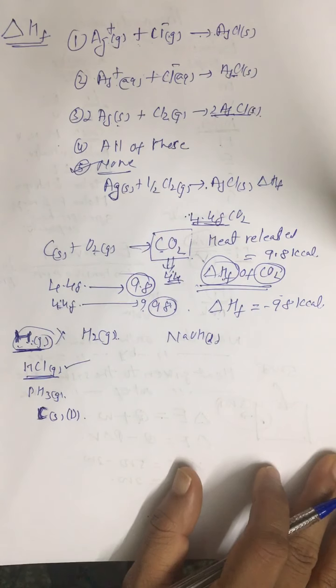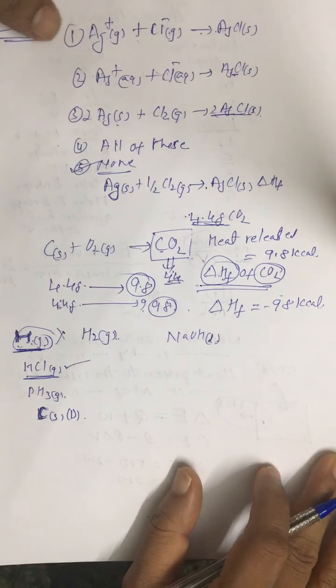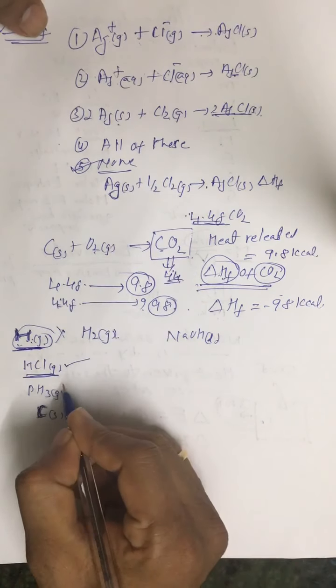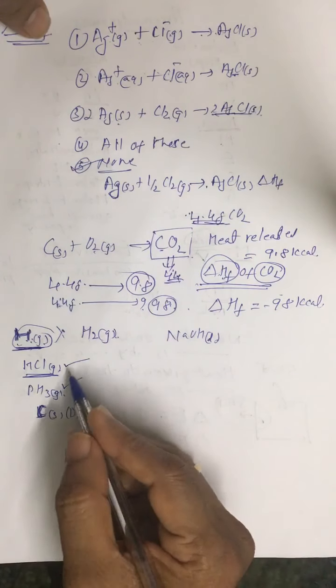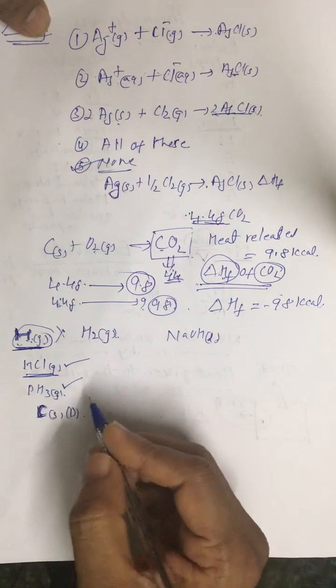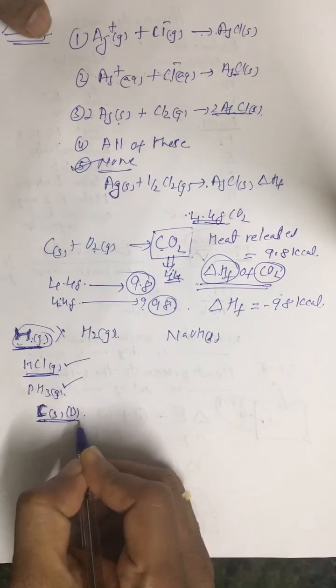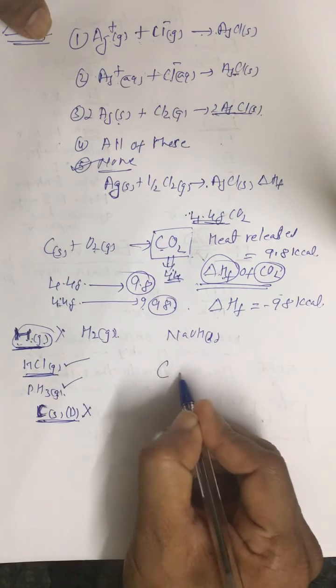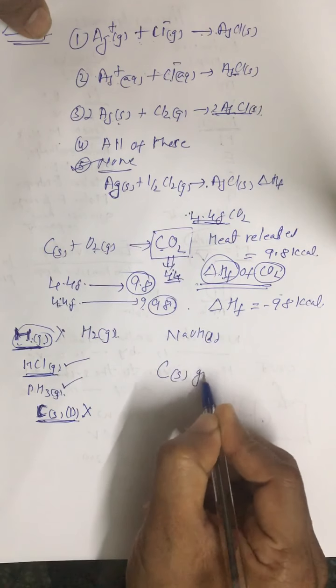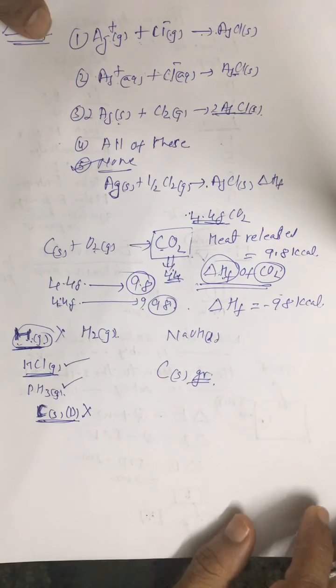The rest are all gaseous. Phosphine, this is the standard state. In 15th group hydrides, ammonia, phosphine, arsine, stibine, all are gases. Carbon solid, diamond, is this the standard state? No. The standard state of carbon solid is graphite. So you should be careful.